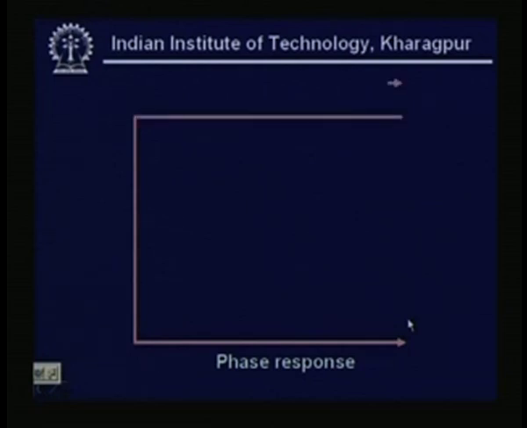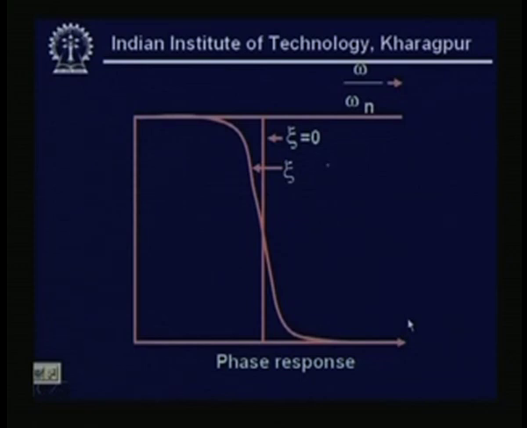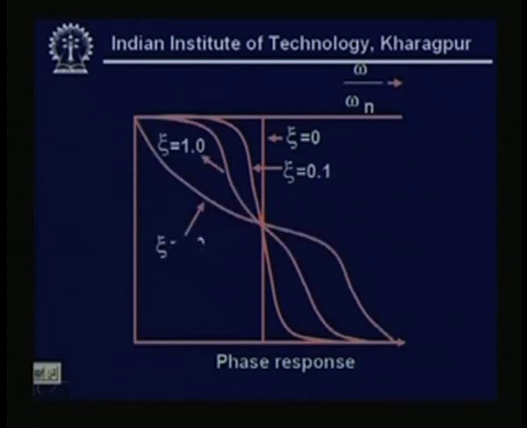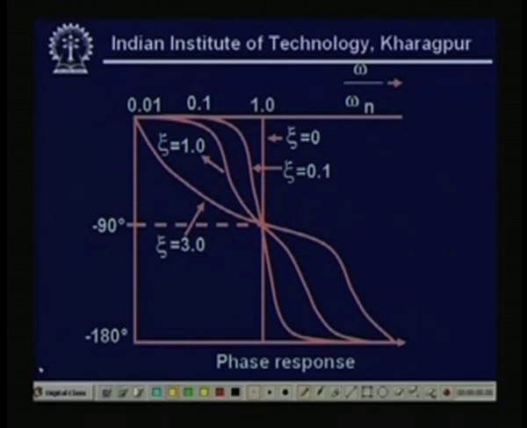If I look at the phase response of a second order system for sinusoidal input, let the animations come, it will take some time. Now, you see here that if xi equal to 0, that means the damping coefficient is 0. We have already discussed how my magnitude response looks when the damping coefficient is 0.